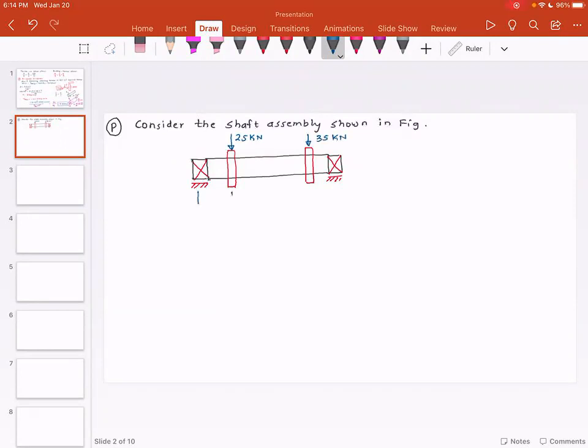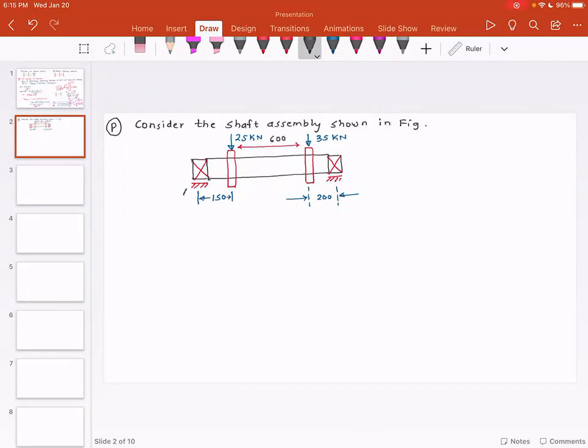Now, the locations of the pulleys are given as: this distance is 150, this distance is 200, and the distance between the pulleys is 600.